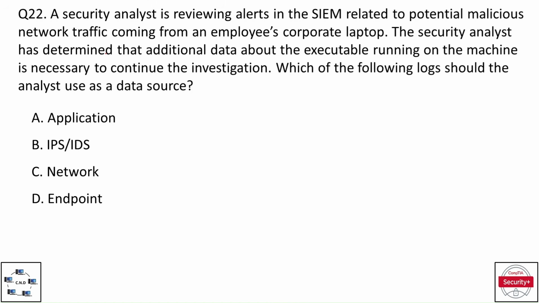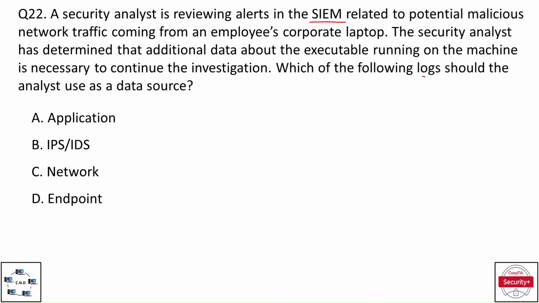Question number 22. A security analyst is reviewing alerts in the SIEM related to potential malicious network traffic coming from an employee's corporate laptop. The security analyst has determined that additional data about the executable running on the machine is necessary to continue the investigation.